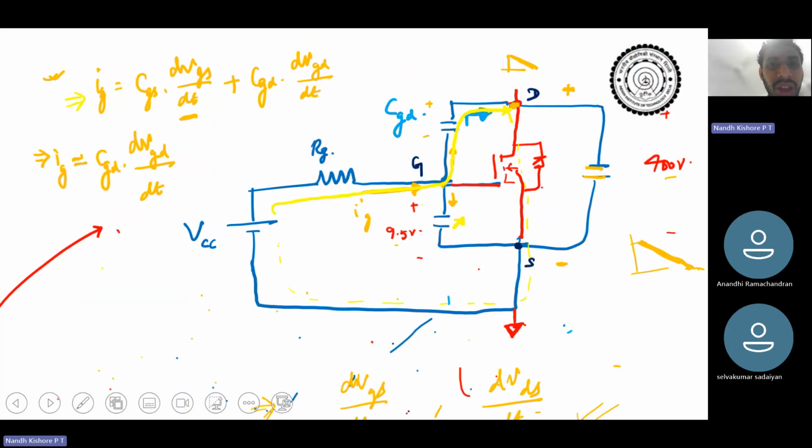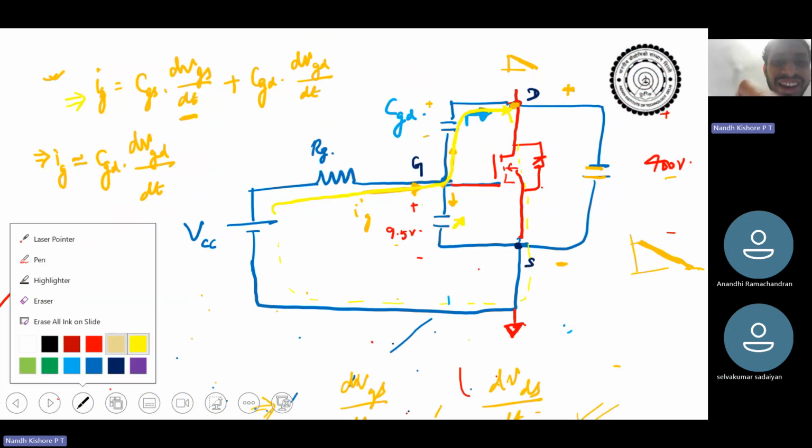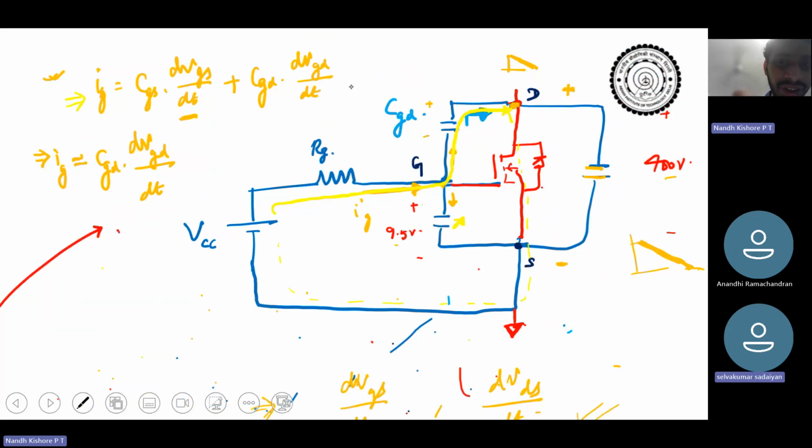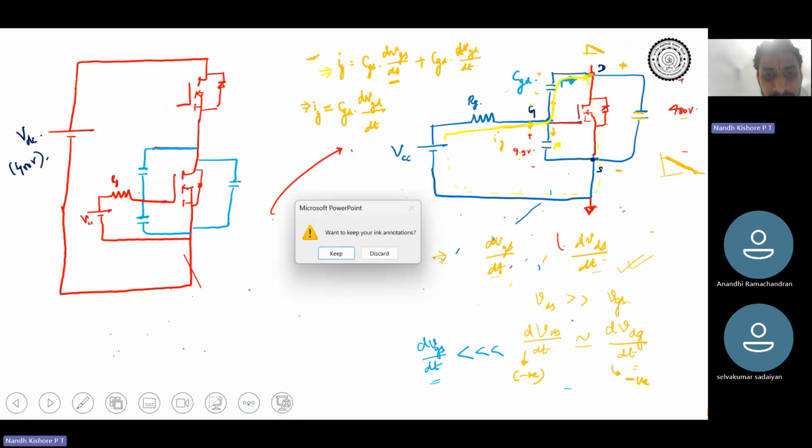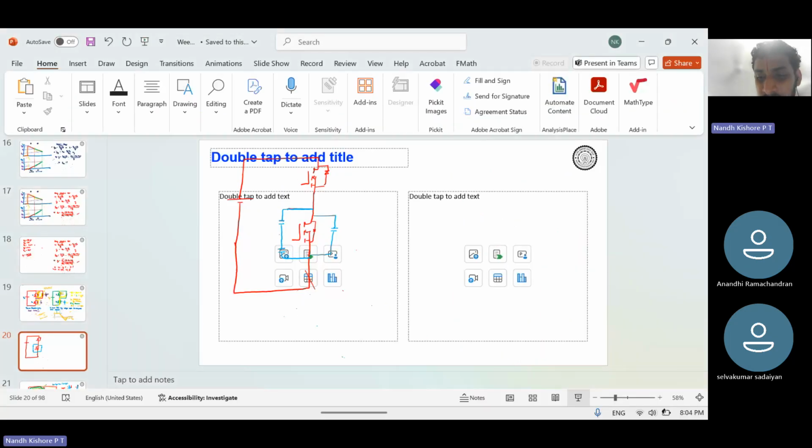Okay, my handwriting is not good. Sorry. No problem. Actually, I tried to write it as C, but it looks like D. But yeah, you're right. I think you get it.